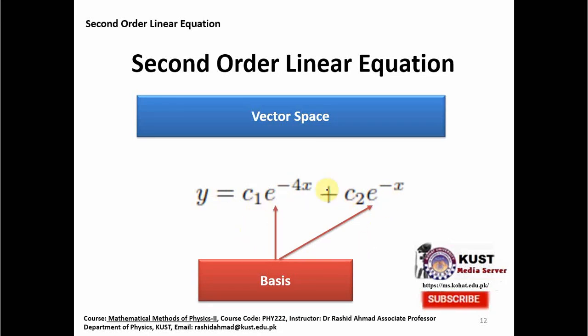So it constitutes a full vector space with these two bases. What I wanted to emphasize is that with these two bases, e raised to power minus 4x and e raised to power minus x, we have a complete vector space structure for the second order linear differential equations.